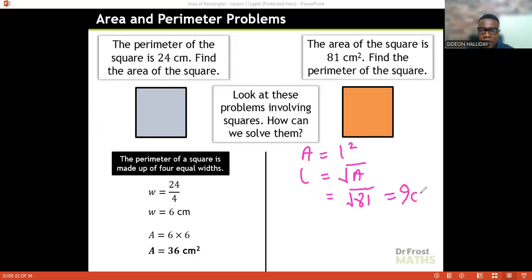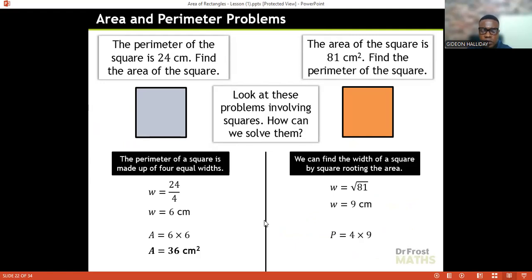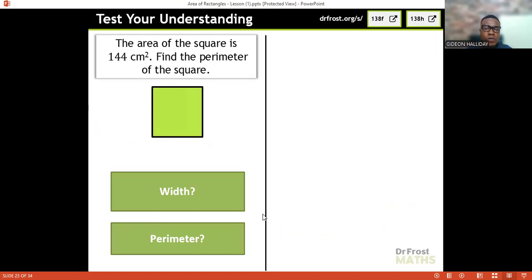Of course, it's 9 centimeters. So with that, you can find the perimeter. Perimeter of a square is 4 times L, and that's 4 times 9, and that's 36 centimeters. Easy peasy lemon squeezy. It's 36 centimeters.